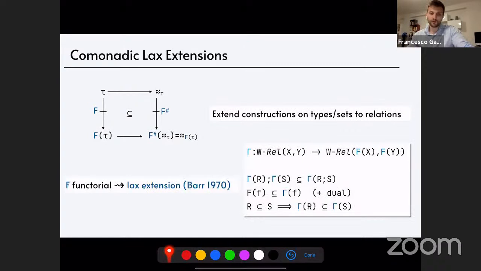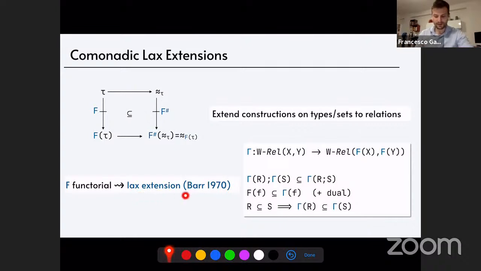And in doing so, of course, the game is that we want to essentially preserve the main mathematical feature of the construction when we extend it to relations. In particular, most of the type constructions that we have are functorial. And what we want to do is to extend the construction onto equivalence relations in such a way that the construction we obtain is functorial. And we do have the mathematics for that.